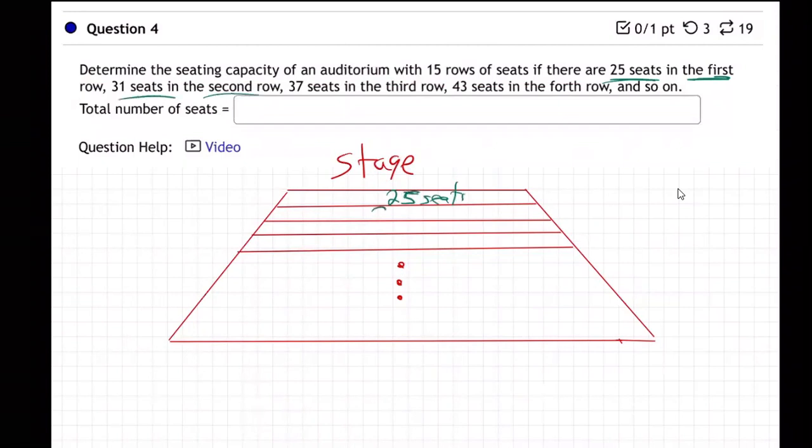They have more, it gets wider. And then 37 seats. And then 43 seats, etc. And it says that there's 15 rows. 15 rows of seats.